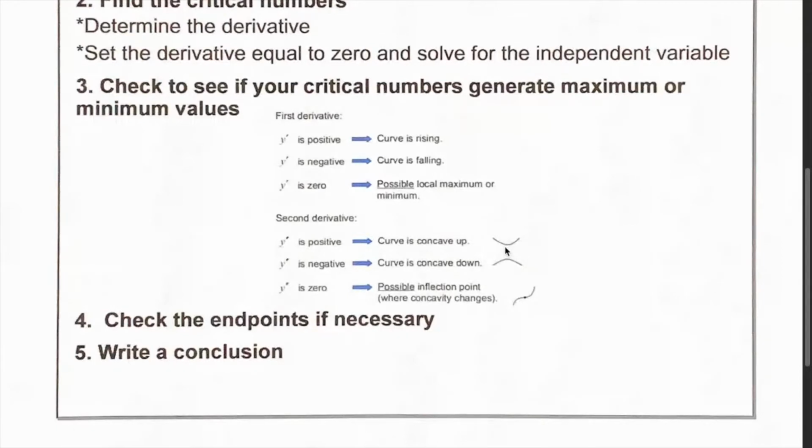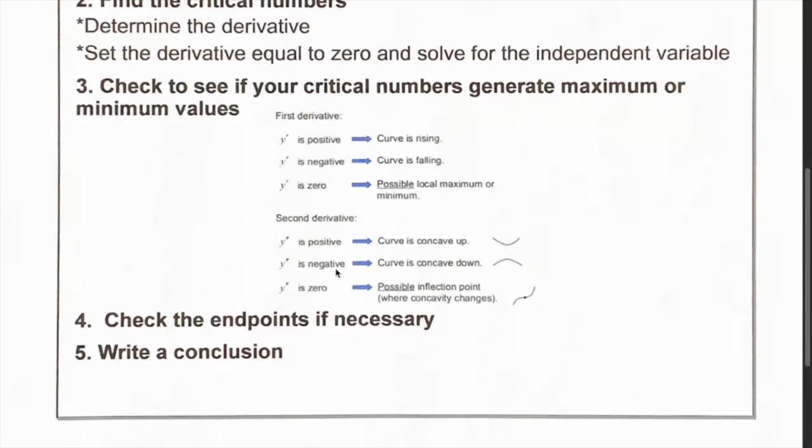If I get a negative value, the original function is concave down, and that means the critical number must be a maximum. And finally, if I get a 0, that's just a possible point of inflection where the concavity changes, so it's neither a maximum nor a minimum, and I probably have to do some more analysis.